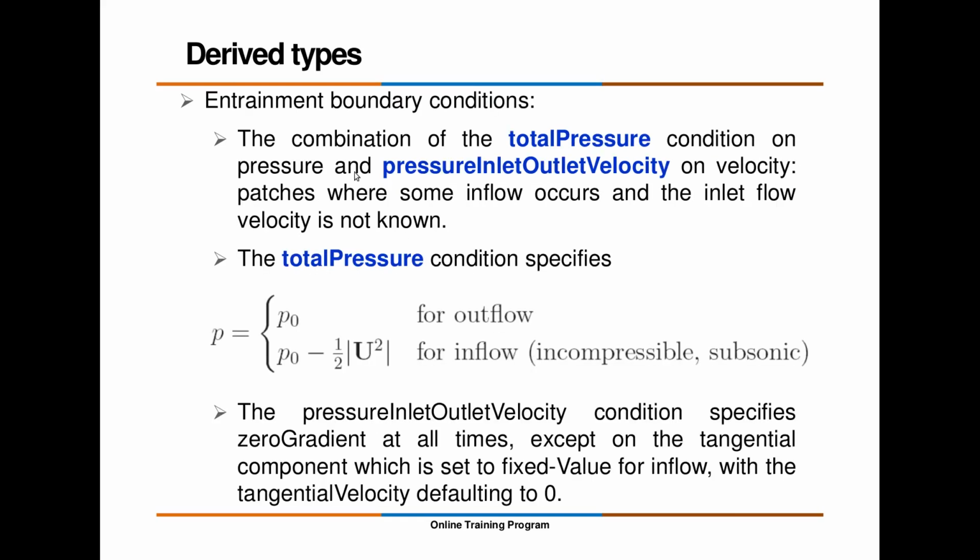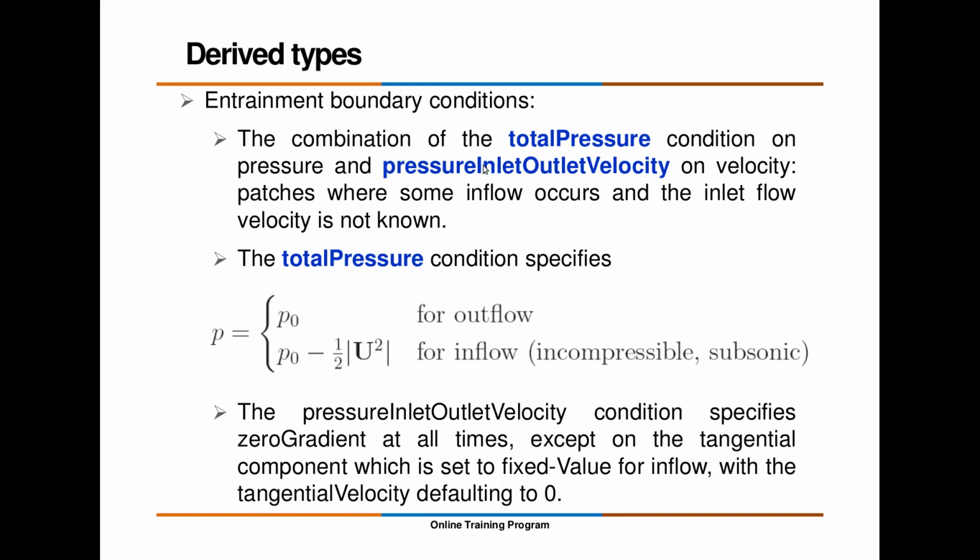Another class of condition is the entrainment type of boundary condition. Entrainment means it allows the flow to enter freely from that location, or go out of that boundary freely, without any resistance. The combination goes very nicely: total pressure on the pressure side, and pressure inlet-outlet velocity on the velocity side.